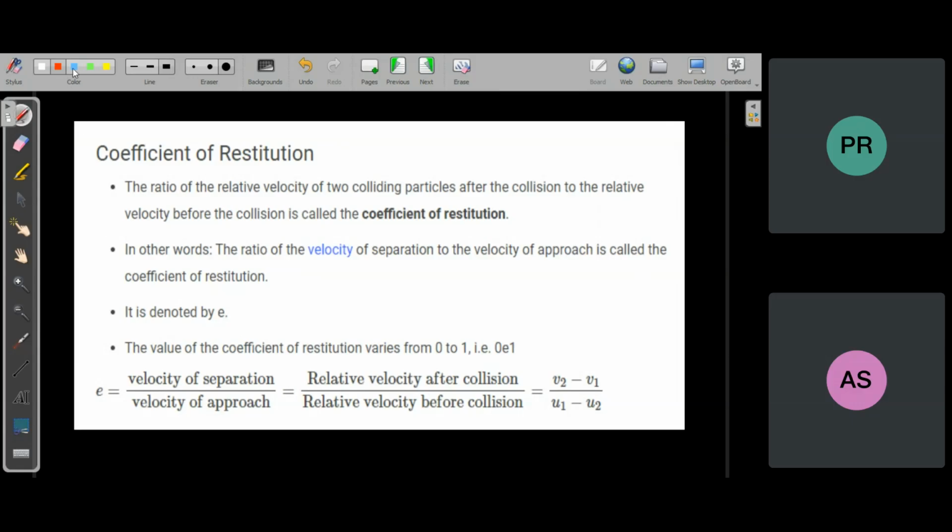Now, coefficient of restitution is defined for all types of collision. So let's try to understand how it is defined first. It is simply defined as the ratio of relative velocity of two colliding particles after the collision to the relative velocity before the collision.